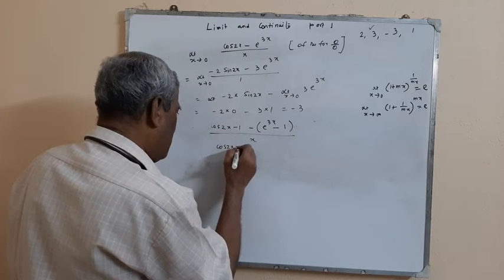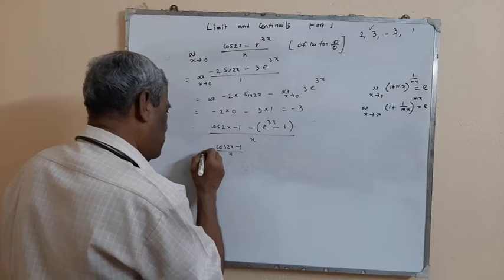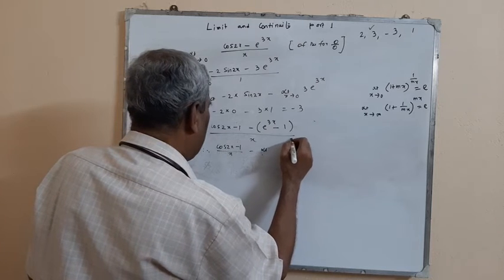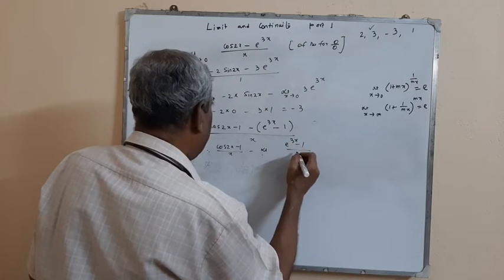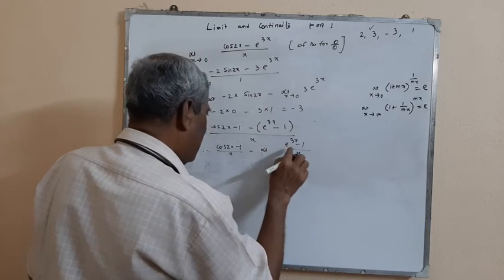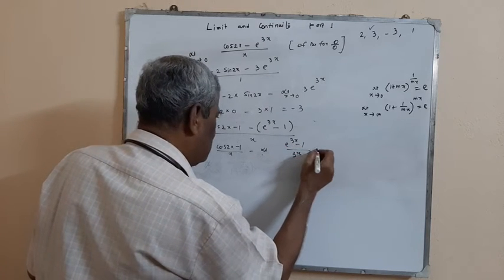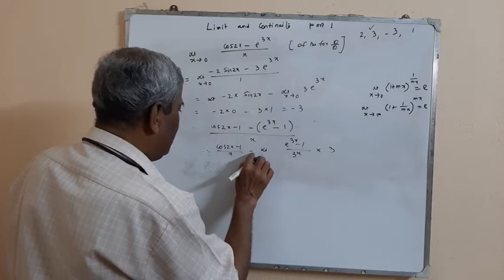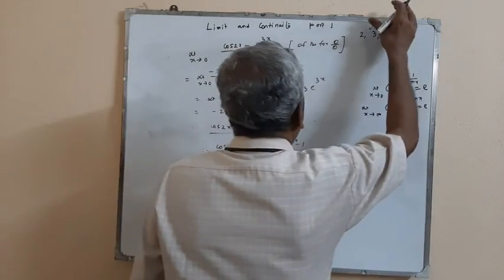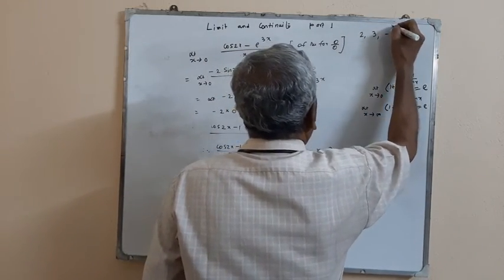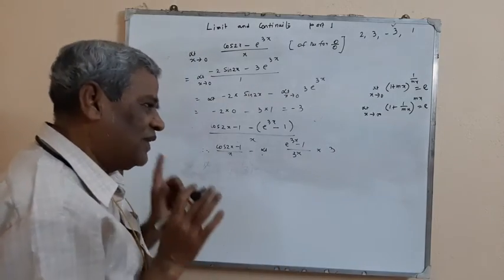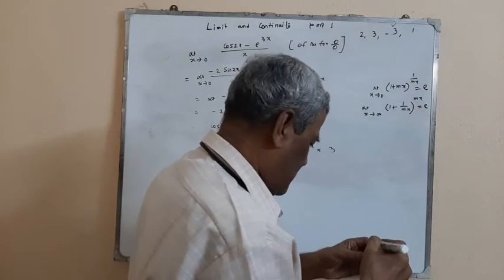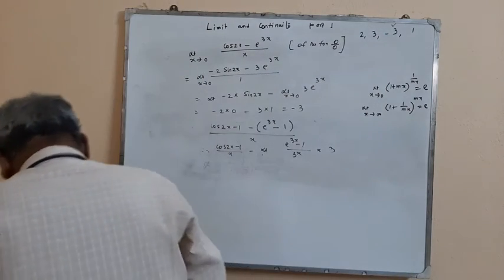Limit x tending to 0 of (cos 2x minus 1) by x, minus limit x tending to 0 of (e to the power 3x minus 1) by x. Its value is 3, oh, minus 3 is there. Actually, this minus is there. So in the first case, the answer was minus 3. In the second case also, the same answer must be obtained. So the answer is minus 3. Sorry. The next problem.